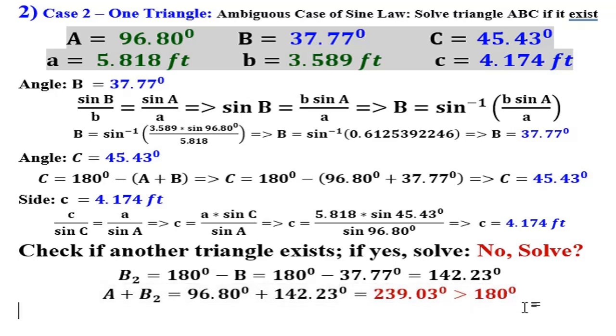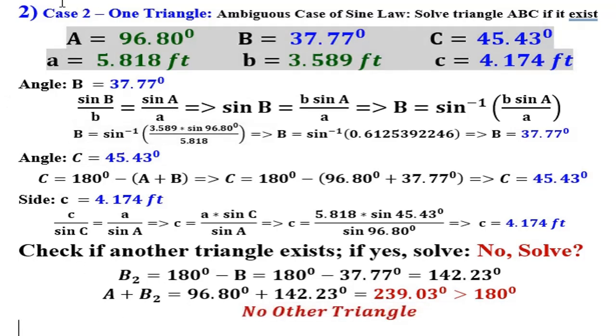That has to be less than 180 degree for another triangle to exist. That means this 239 degree is greater than 180 degree. That means no other triangle.